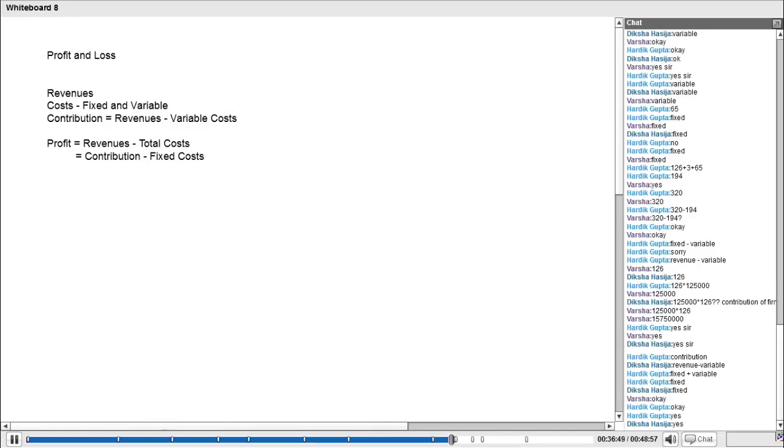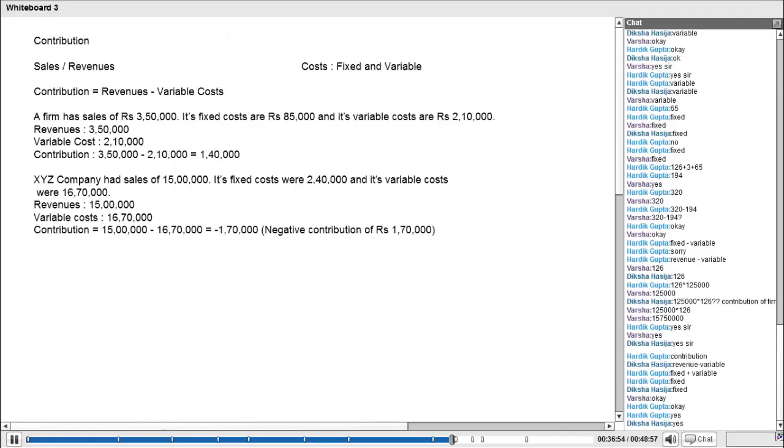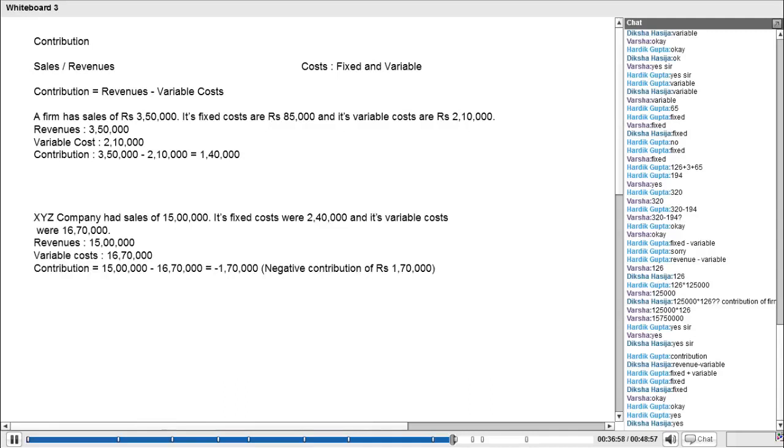So if we revisit our earlier exercises, can we calculate profit or loss in this case? For this firm, can we calculate its profit? It had sales of 3,50,000, fixed costs of 85,000 and variable costs of 2,10,000.